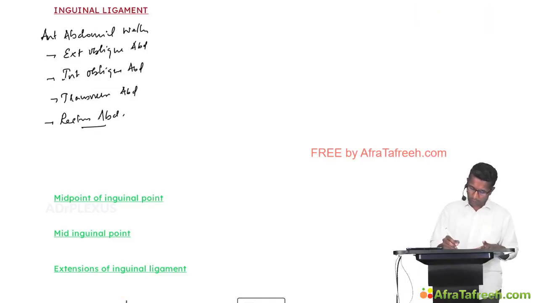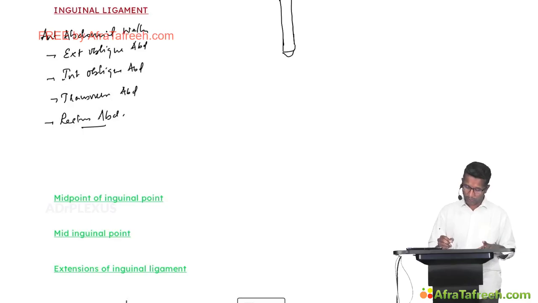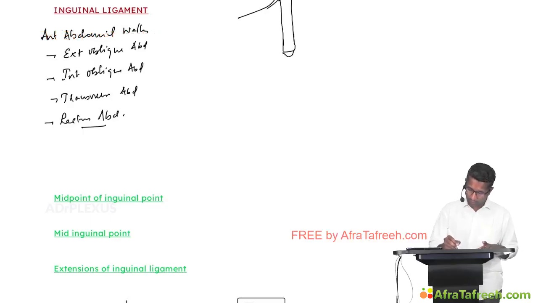So I'm going to draw a simple diagram here. This diagram represents the sternum, and this represents the xiphisternum. I hope you know the ribs which are attached to the sternum.